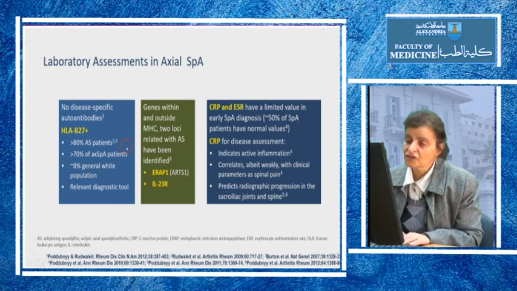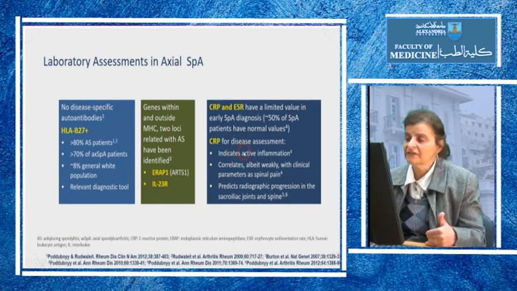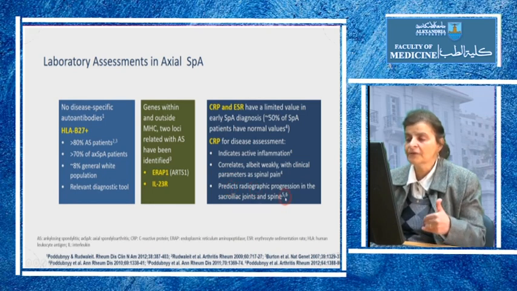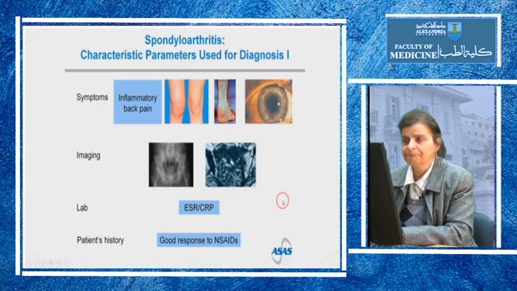Also, as I said, other genes may be involved, and very important is that we always do acute phase reactants, because CRP is important for disease activity. It indicates the active inflammation, and as I said previously, it predicts radiographic progression in your sacroiliac joints and the spine. So this is putting it into perspective.